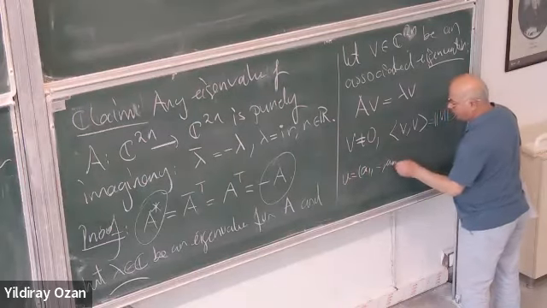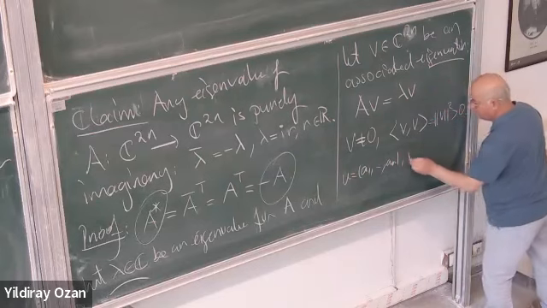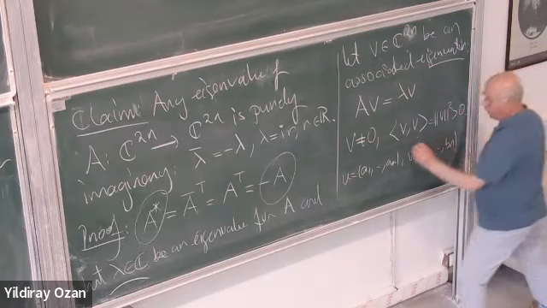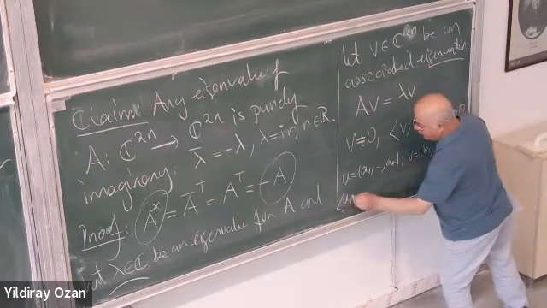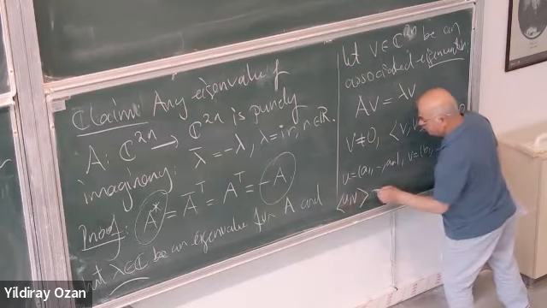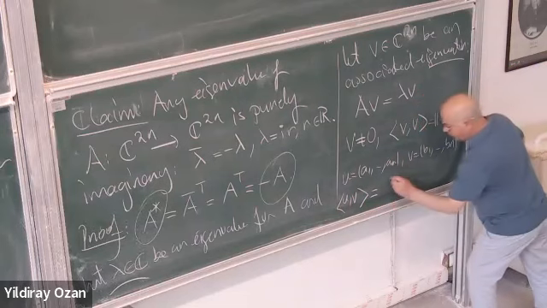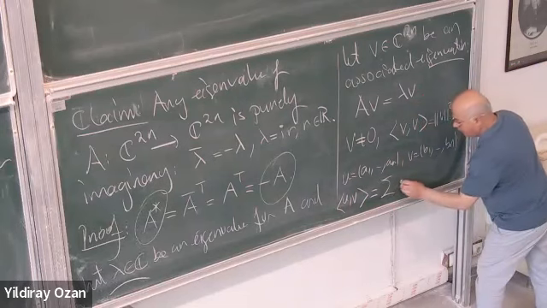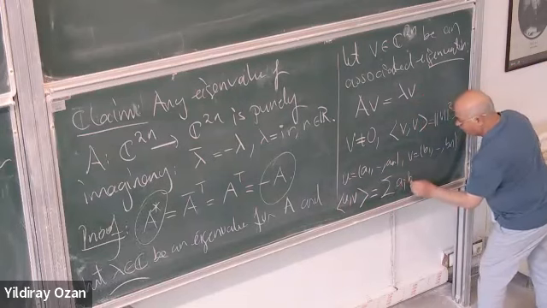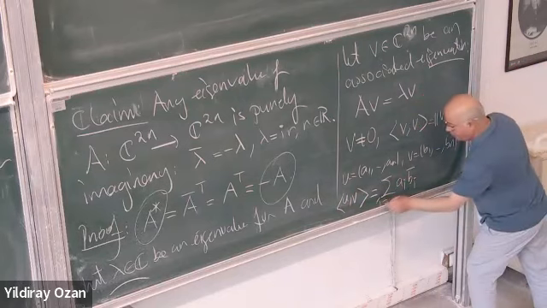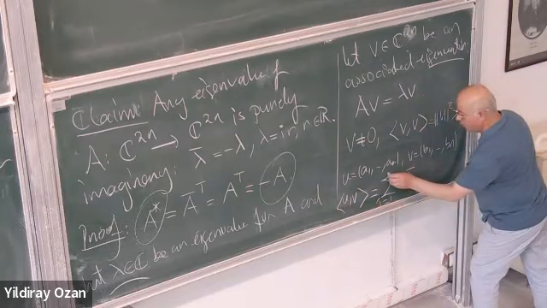A1, let A be that, B1, let B be that. What is the standard inner product? Yes, it will be the following: the sum of A_i times the conjugate of B_i, i from 1 up to n.